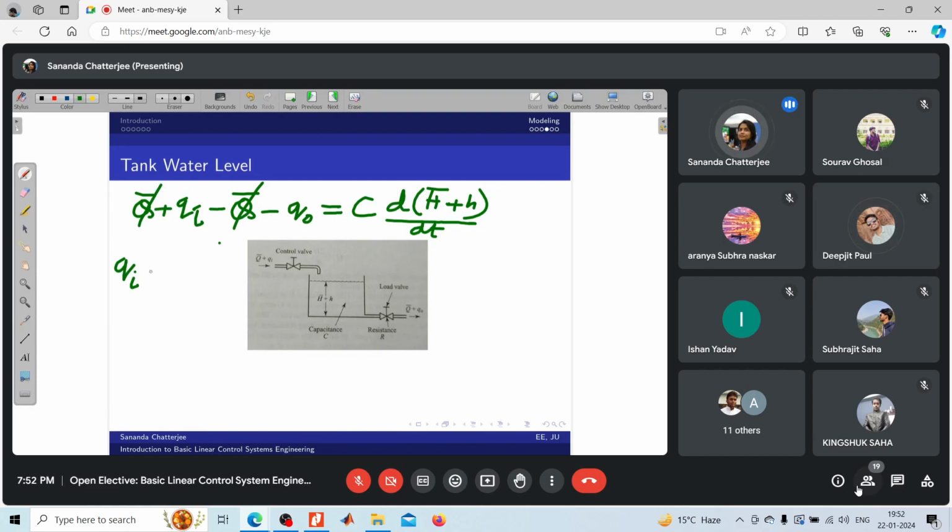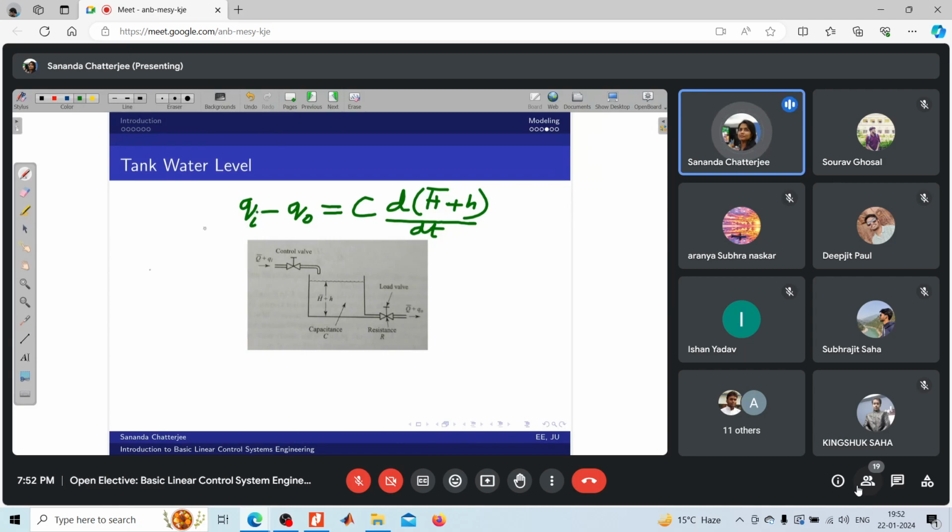So we can now write Qi minus Q naught is equal to C dh/dt.